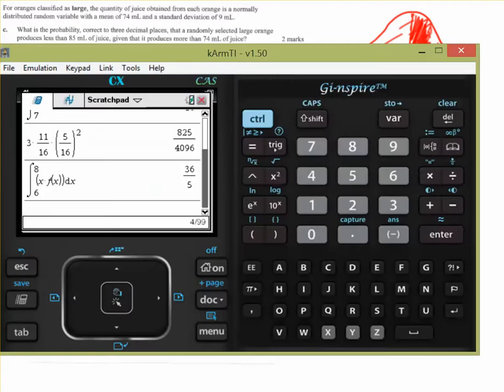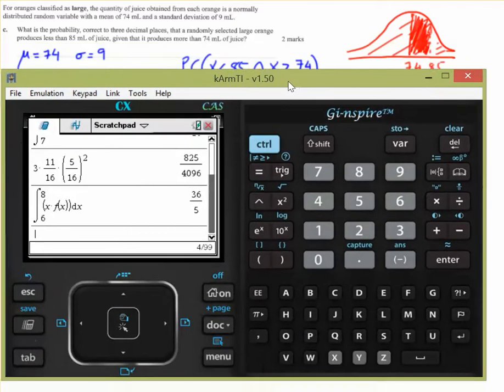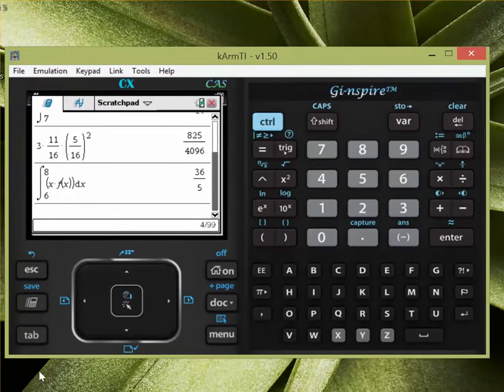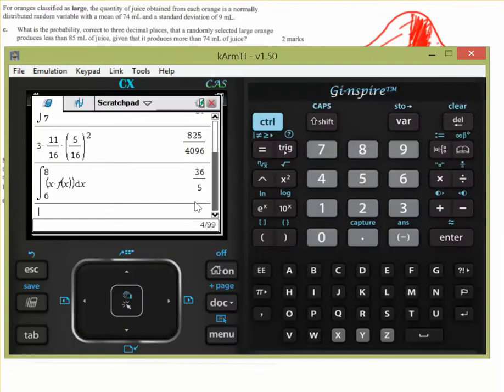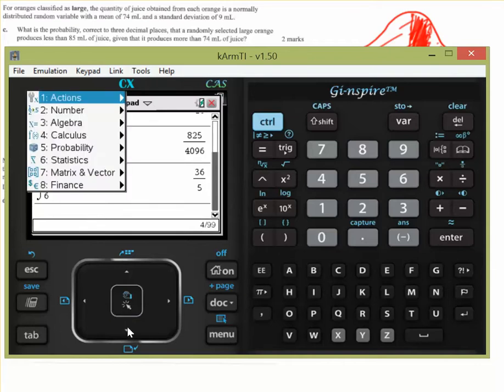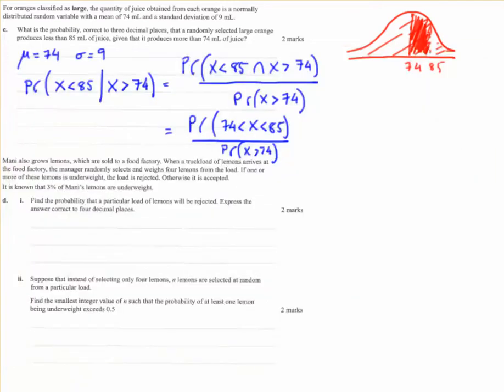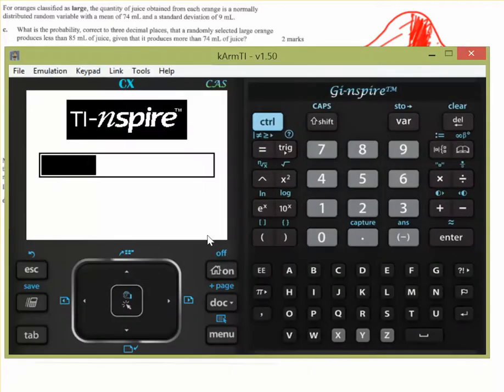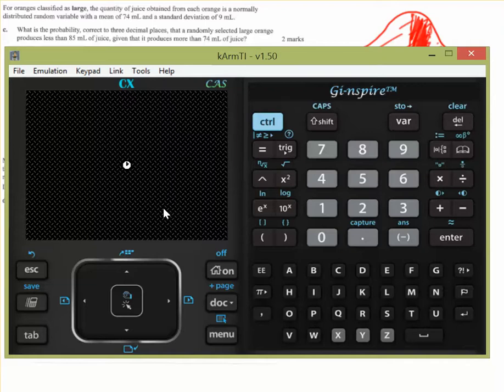Our CAS calculator can do that for us because we want decimal places. Go to menu, and we want a normal cumulative distribution function. Because we have these CAS calculators now, we don't even need to normalize things anymore.